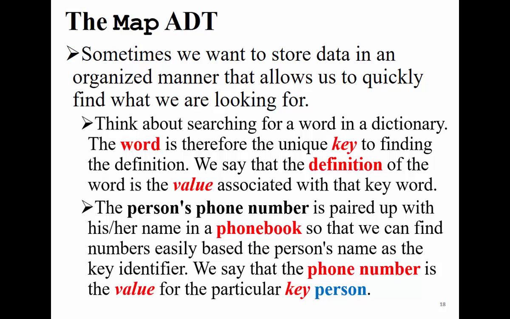The same thing in your phone. You want to find your friend's phone number. You start finding his name first, then after you find his name, you retrieve the value of the name, which is the actual number. So this kind of mapping exists in our life, in many applications.